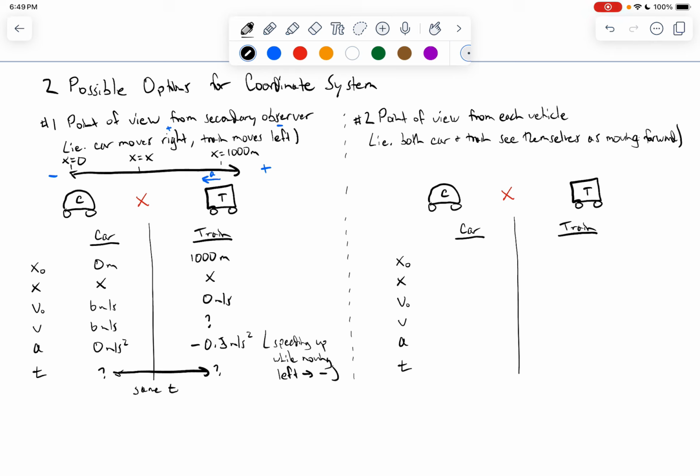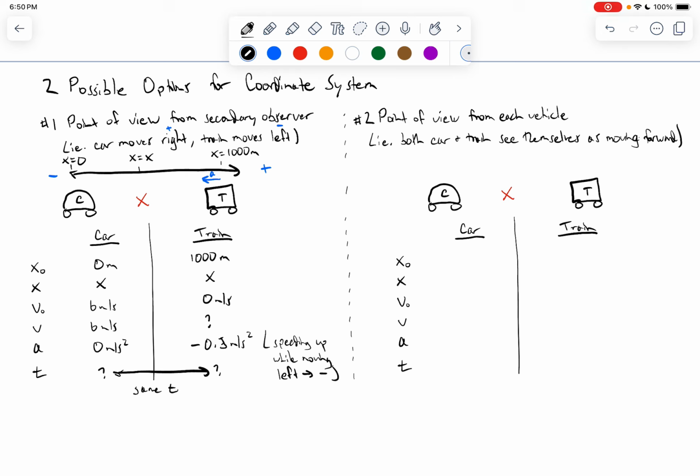The second way would be thinking of it as if you were sitting in the car, moving forward. Also, you can think about it as if you're sitting in the train moving forward from your point of view, and figuring out how we can describe our different positions and velocities in those cases. Now, when it comes down to it, it really is kind of personal preference over which of option 1 or option 2 we'll look at in a moment.